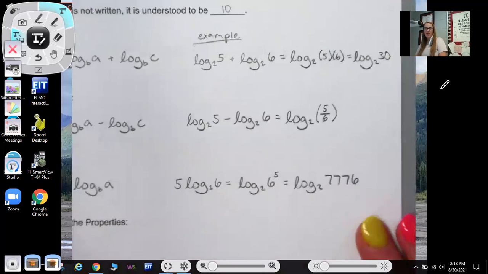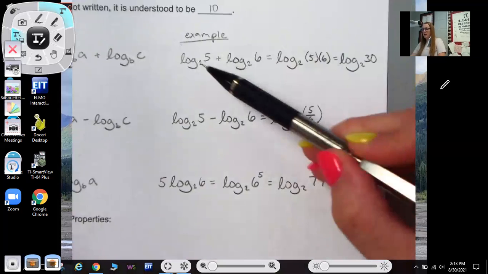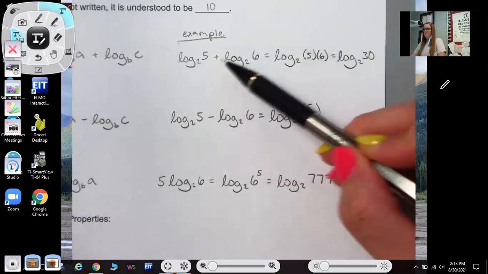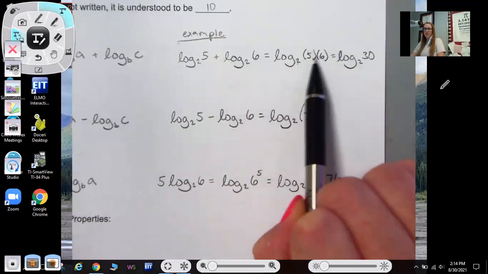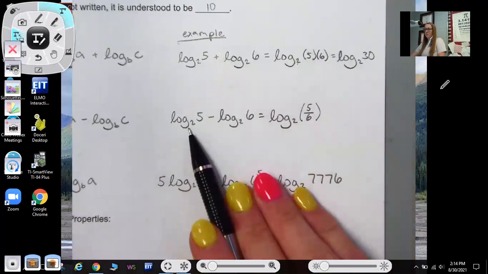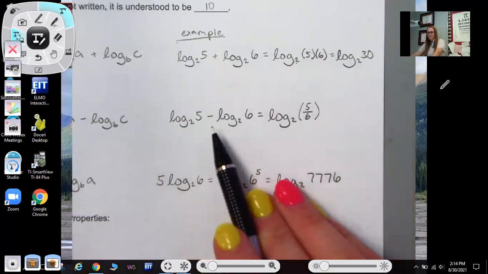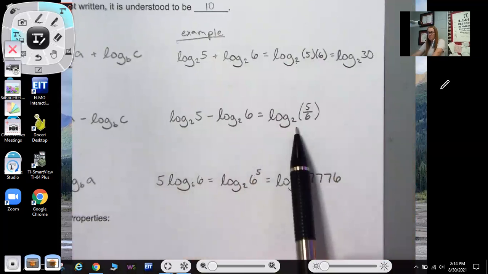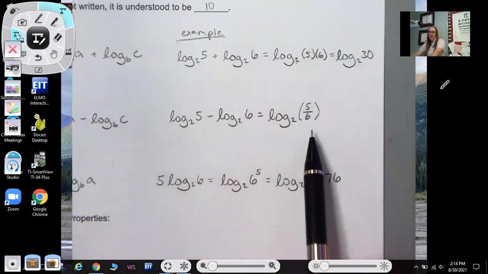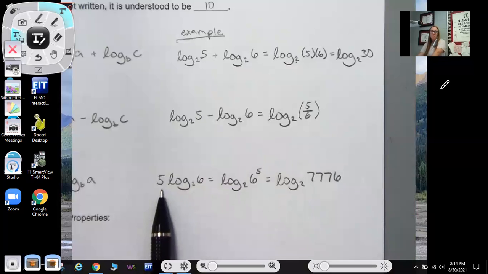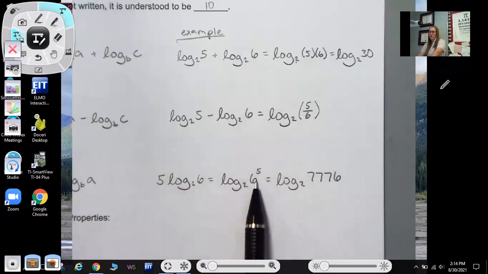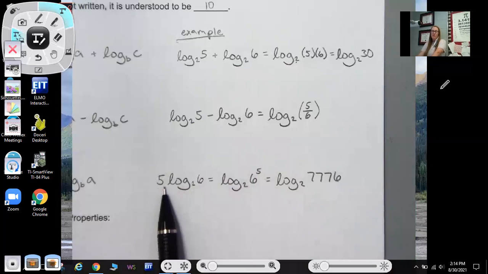The product property says if you have 2 logarithms with the same base that are being added, you can rewrite them as 1 logarithm using the same base, and you multiply. 2 logarithms with the same base that are being subtracted, you can rewrite as 1 logarithm using the same base, and you divide. And then the power rule says if there's a number in front of the logarithm, you can move it so that it becomes an exponent on this number. Because in order to use the rest of the properties, you cannot have numbers in front of the logarithms like this.